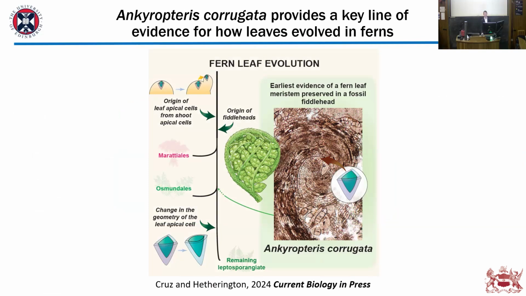And then we get the early diverging branches of those, such as the Marattiales and the Osmundales. Around this time, over 300 million years ago, we've got evidence of these tetrahedral apical cells in these fossils. And therefore, it was only a later innovation to switch between a tetrahedral and a wedge-shaped cell, which then gave rise to the vast majority of the leptosporangiate ferns we're left with today.